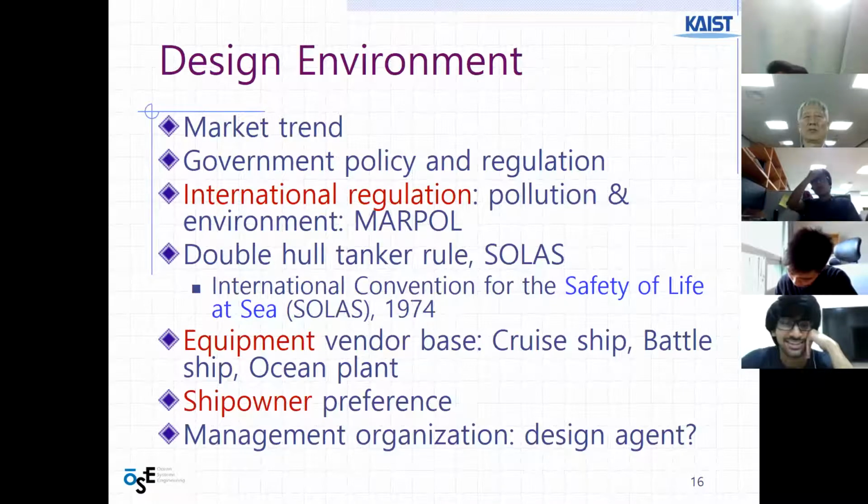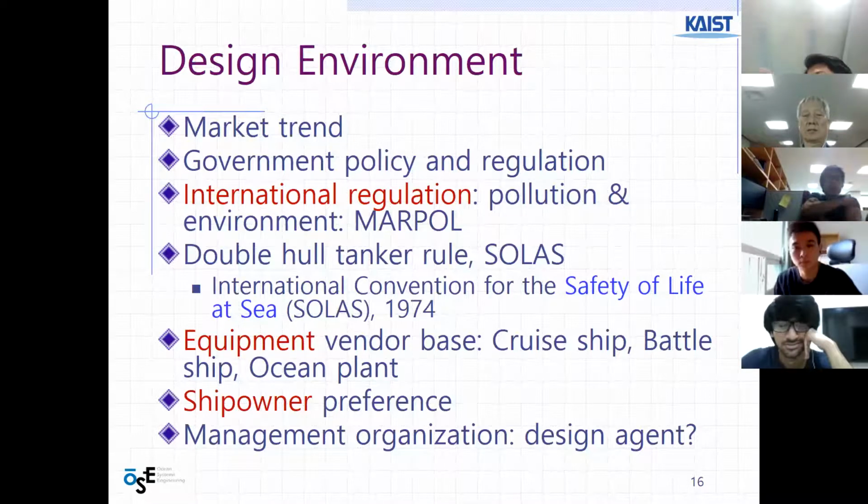So who is supplying that kind of equipment is an important environment for the designers. Designers should know well who produces the best engine or motor or pump or boiler around the world, or cheap and high quality.